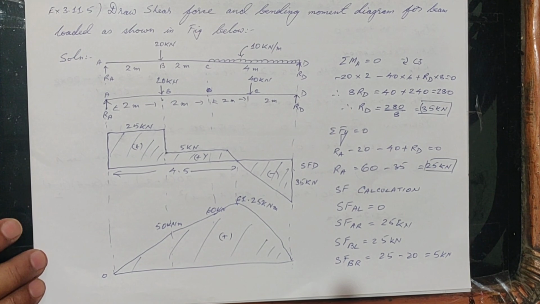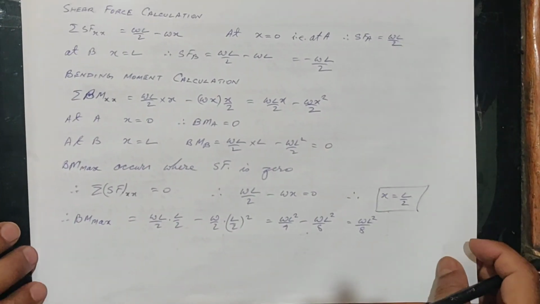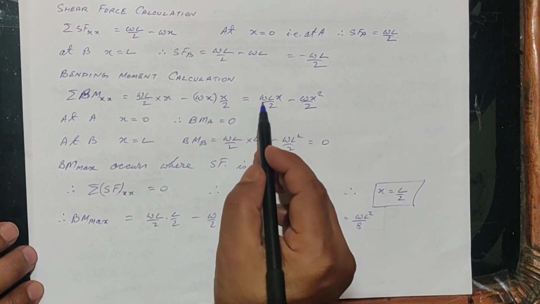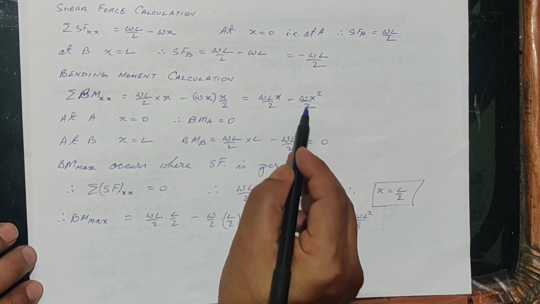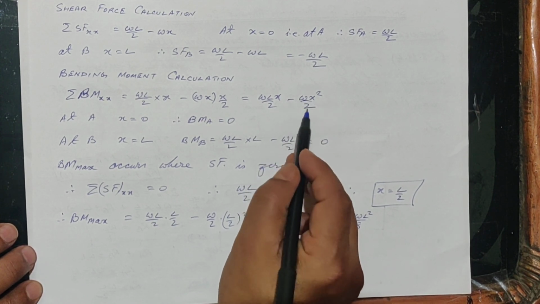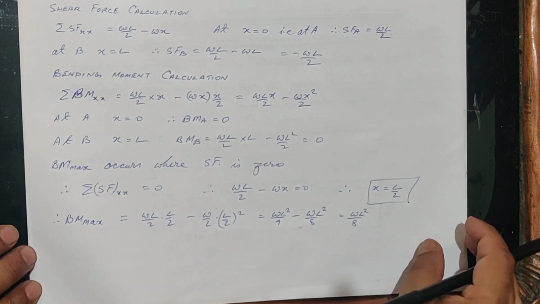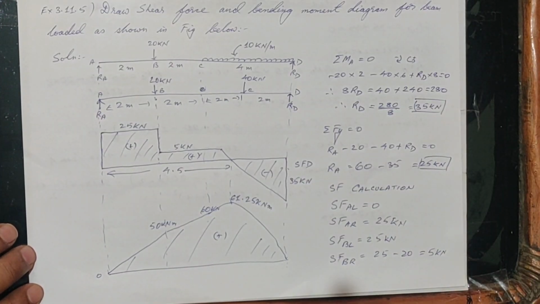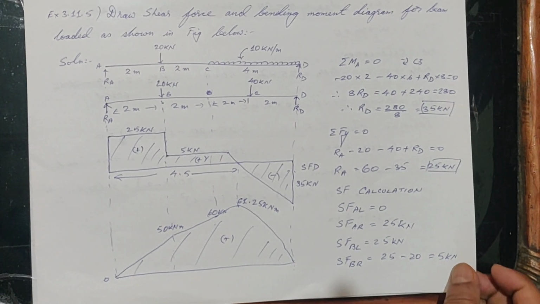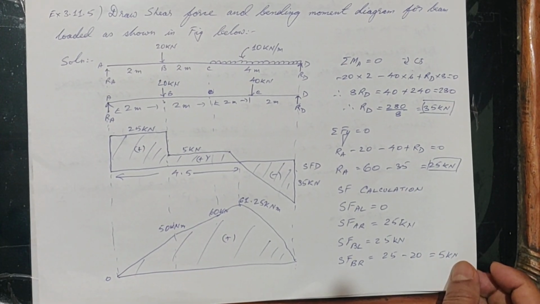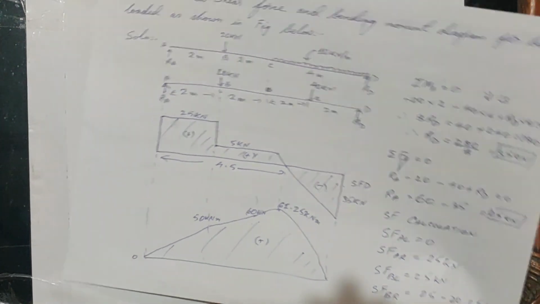In the last problem also we had seen that when we are calculating BM, it is WL by 2 into x minus W by 2 x square. Because of this x square, we get this parabolic curve. So here also, we are getting a parabolic curve. Now, that is all for the UDL with simply supported beam. Next class, we will be discussing UDL with overhanging. Thank you so much.